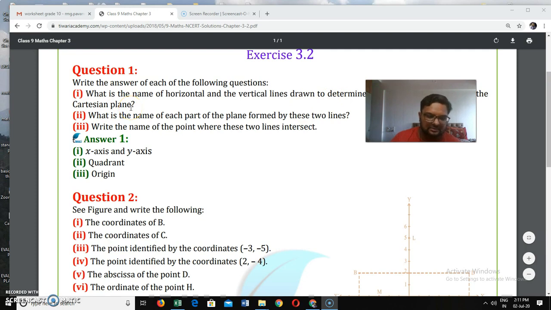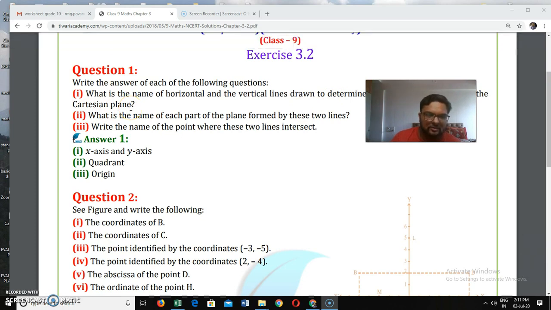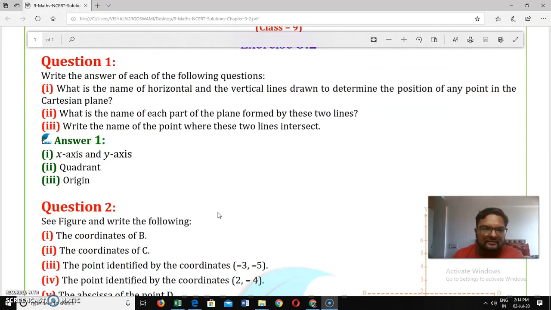Whenever we talk about the Cartesian plane, we must understand that we are dealing with the graph paper. So it would be the x-axis and the y-axis. As I said, when we talk about the Cartesian plane, we are talking about the graph paper.